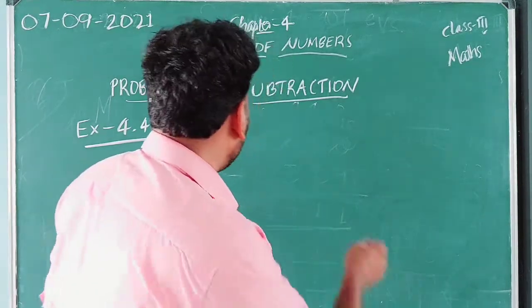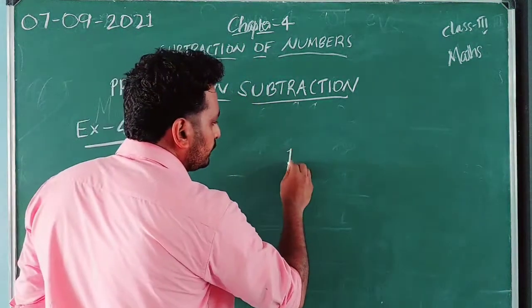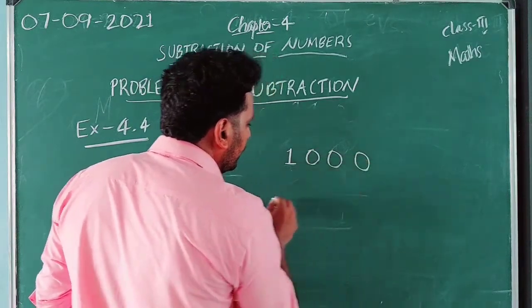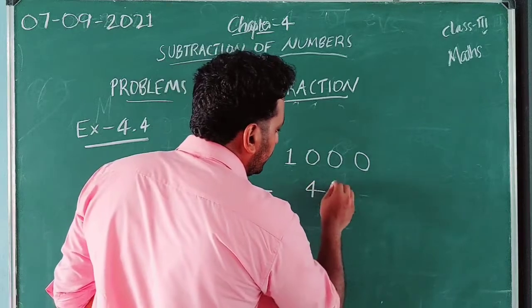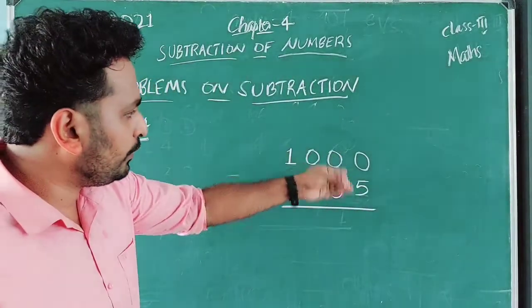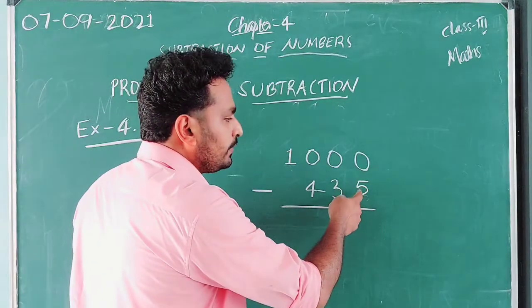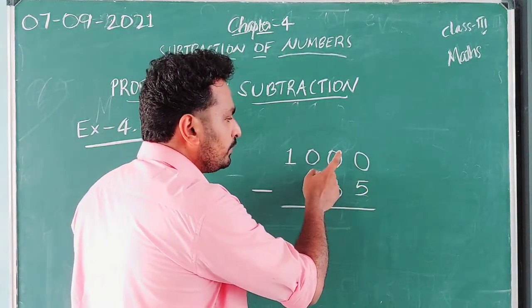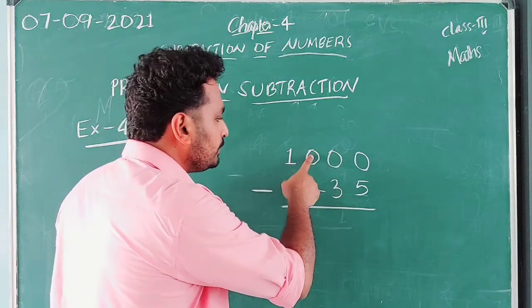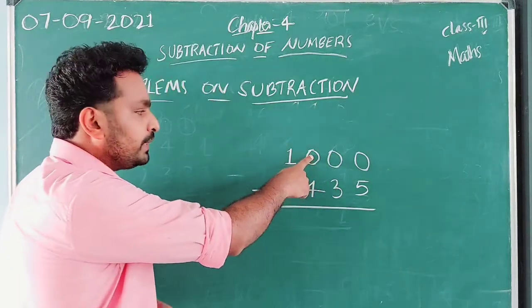So let us check. For that, first we have to do subtraction. 1000 minus 435. Ones column first. There you can see 5 is bigger than 0. Cut and take 1 from this number, which is also 0. So let's move to hundreds column. This number is also 0.